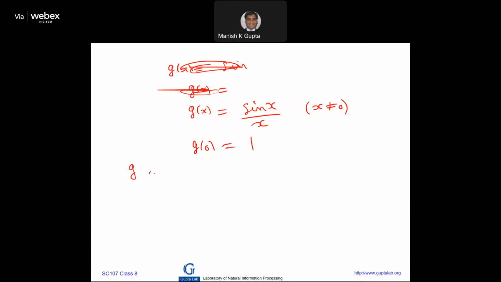So you can clearly see that g is continuous at x equal to 0. Why? Because if you take the limit of g of x as x tends towards 0, this value is 1, which is g of 0. The function is continuous at origin. Actually, if you drop this condition of 1, then the function will be discontinuous at origin. So remember, if you modify the function, there will be an issue, right?